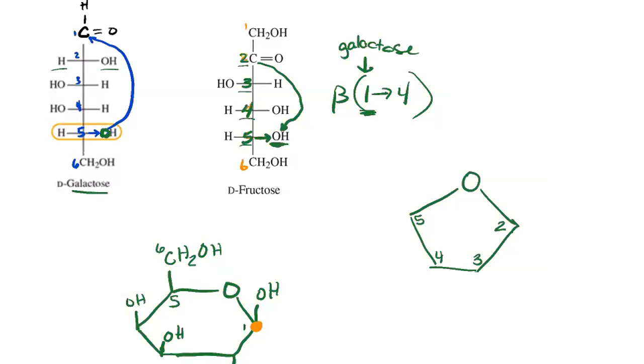Look at carbon 2. Carbon 2 has carbon 1 bound to it. So it doesn't matter, for this one they didn't tell you if this fructose is in the alpha or beta configuration. So it doesn't matter which way you put it. But you're going to have to put that CH2 and an OH, and on the other side an OH.